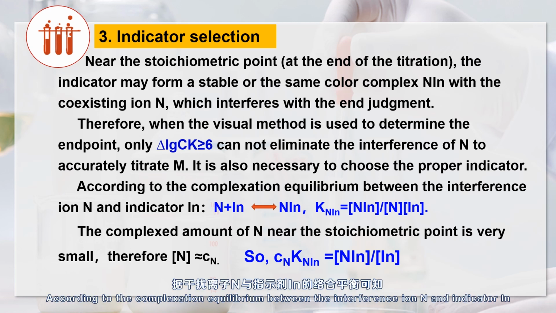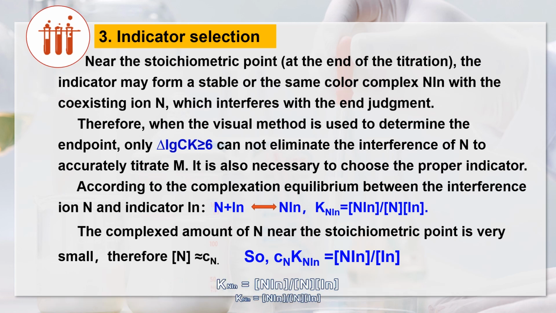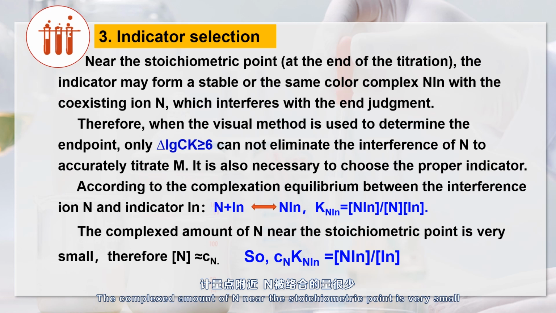According to the complexation equilibrium between the interfering ion N and indicator In, K(NIn) equals [NIn] divided by [N][In]. The complex amount of N near the stoichiometric point is very small. Therefore, the equilibrium concentration [N] is approximately equal to the analytical concentration C(N).